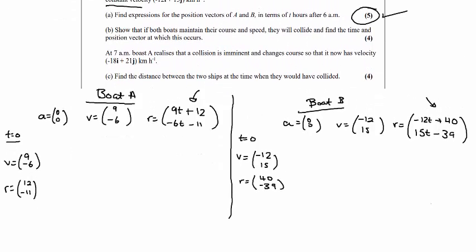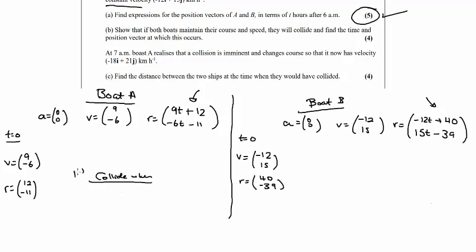So they will collide when these two are the same, when the i and j components are exactly the same. So if I say they collide when 9t plus 12, minus 6t minus 11, and here's another way of looking at it which might be nicer.